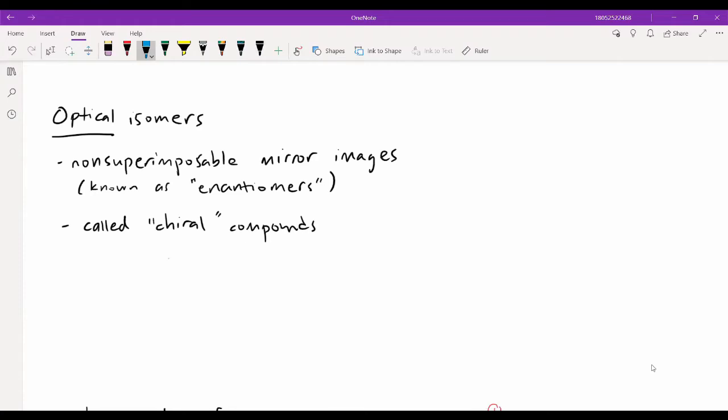So you have your right hand, then a mirror image, and then your left hand. Right and left hand would be known as enantiomers since they're related by being mirror images but not being the same thing. Okay.